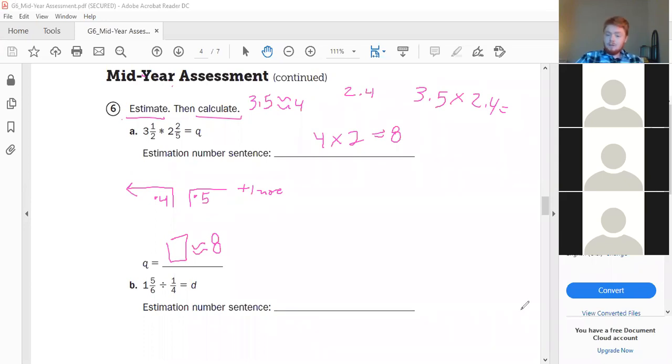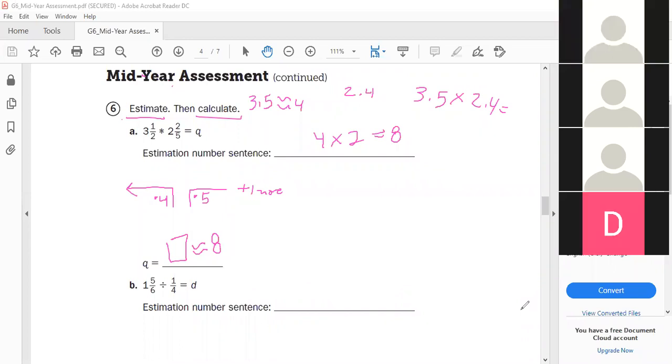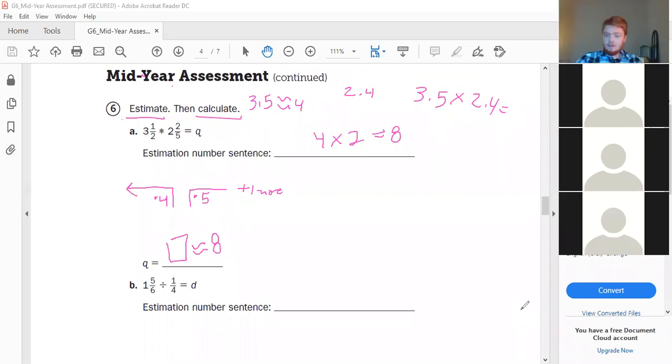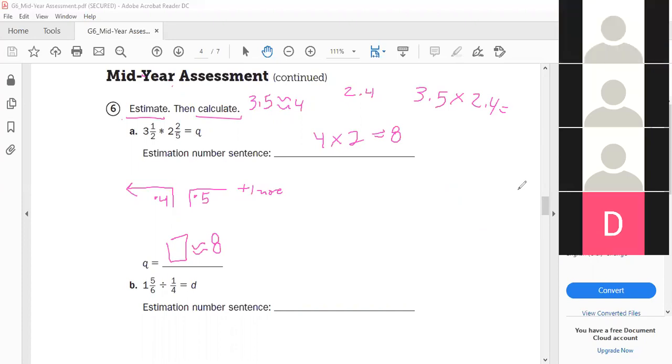All right. Chantel. 8.4. 8.4. Chantel, is that what you were going to say? Yes. Chantel did raise her hand. Deshawn, make sure you raise your hand.